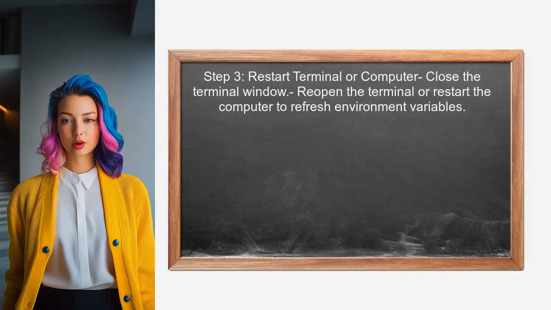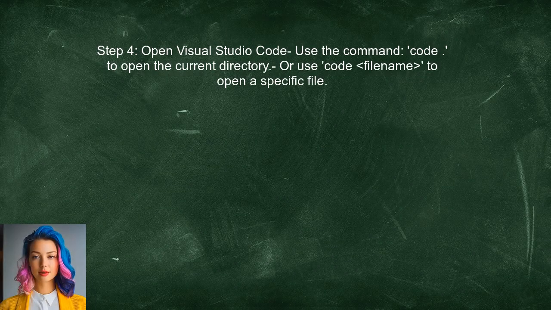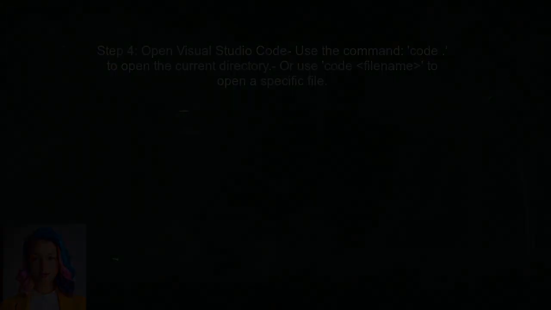If the command is still not recognized, the user may need to restart the terminal or their computer to refresh the environment variables. Once the command is recognized, the user can open Visual Studio Code from the terminal by simply typing code, followed by the name of the folder or file they want to open.